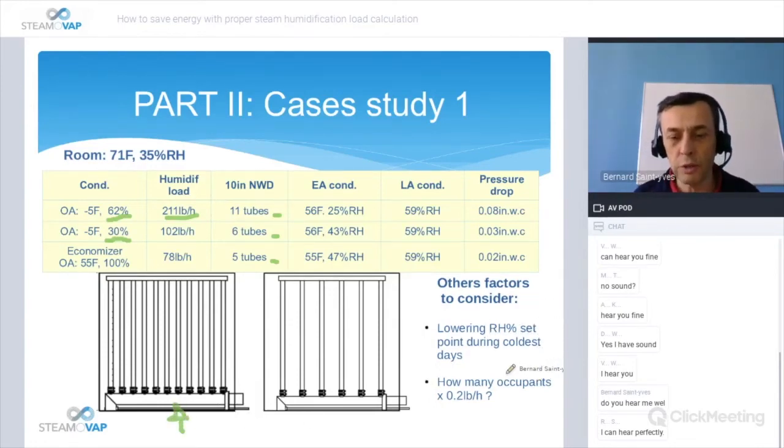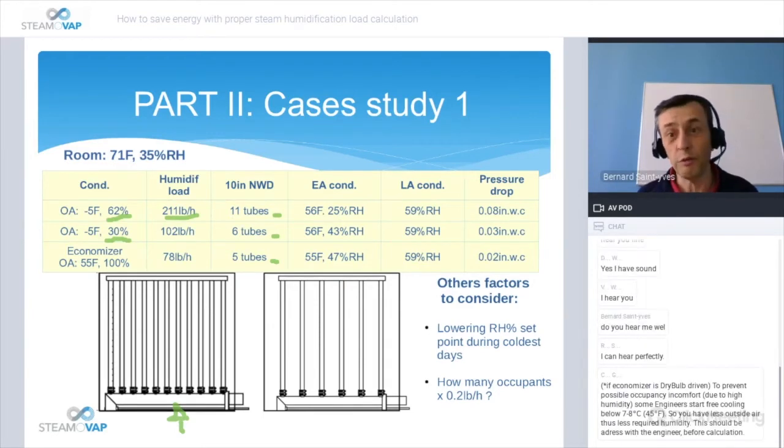Another factor to consider, that we should maybe open up and talk about with the engineer when he is doing this calculation. When you have -5 Fahrenheit outside air, if you keep 35% relative humidity in a school with a lot of windows around, you will probably get condensation on the windows.